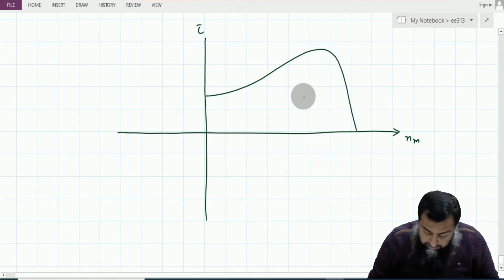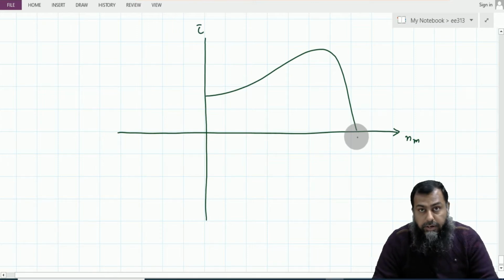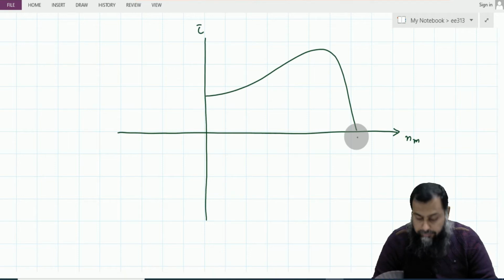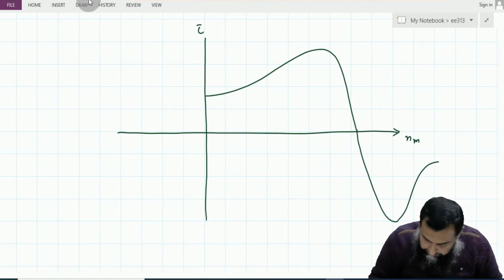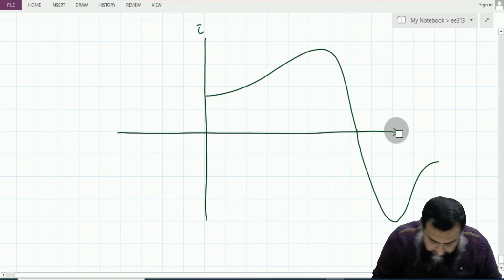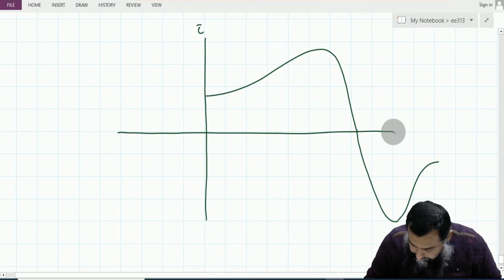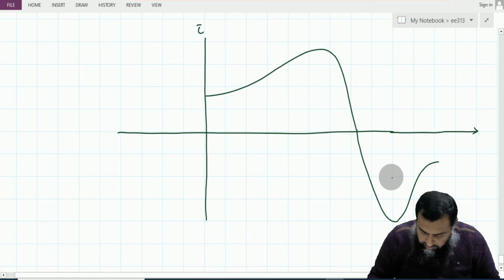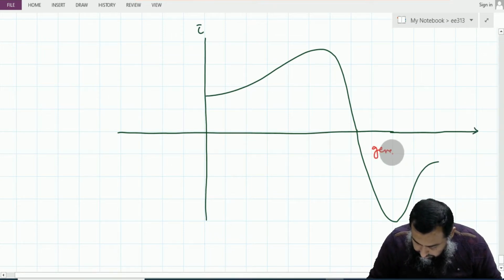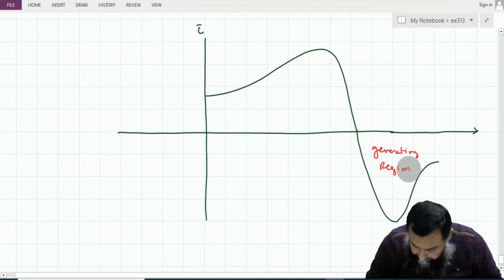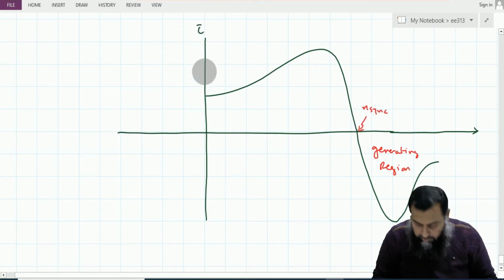Now, if for some reason the rotor speed exceeds the synchronous speed of a motor, then the direction of the torque reverses and the motor starts to act like a generator. Consequently, the motor moves into this particular region, which is known as the generator or generating region, where this is the synchronous speed, and this is the torque induced.